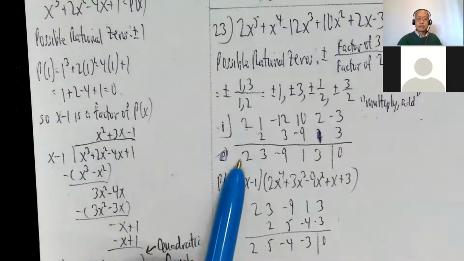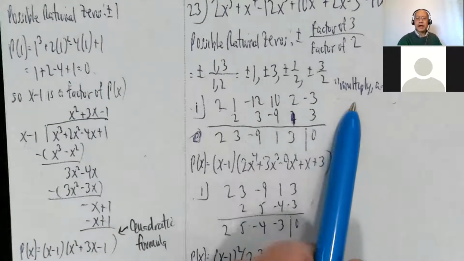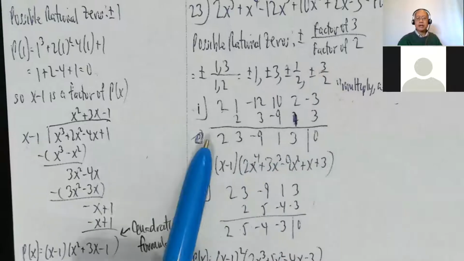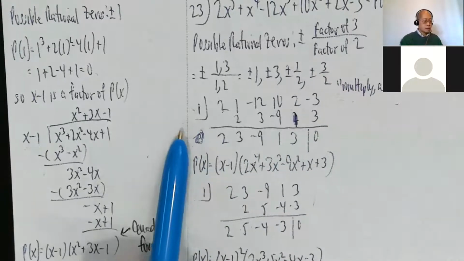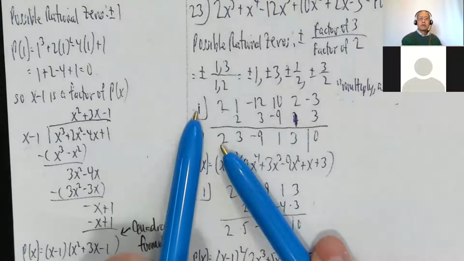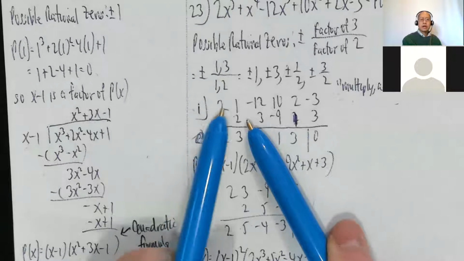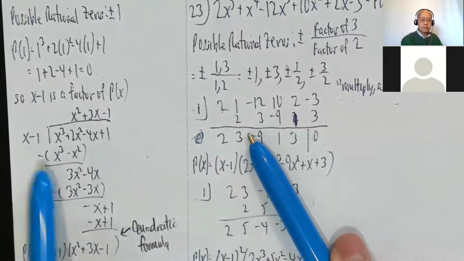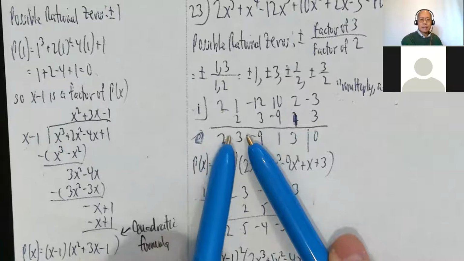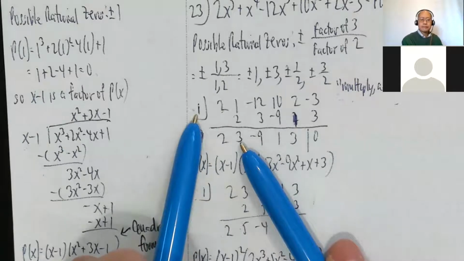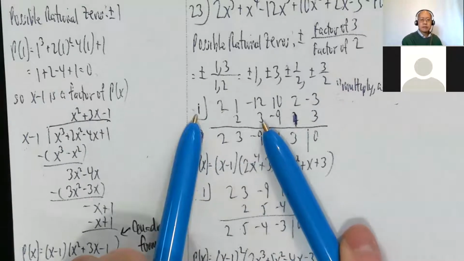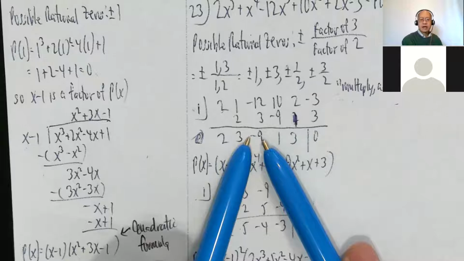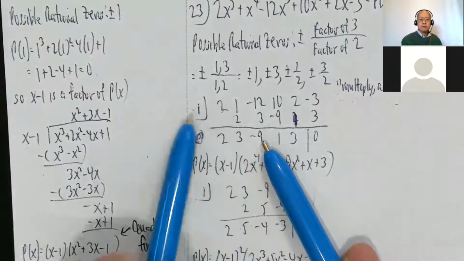Okay, the first one comes down. Now I just keep doing multiply, add, multiply, add, and so on. Multiply, 1 times 2 is 2, add, 3. This is equivalent to subtracting over here; subtracting the original, I'll just add the opposite. Multiply, 1 times 3 is 3, add, negative 9.